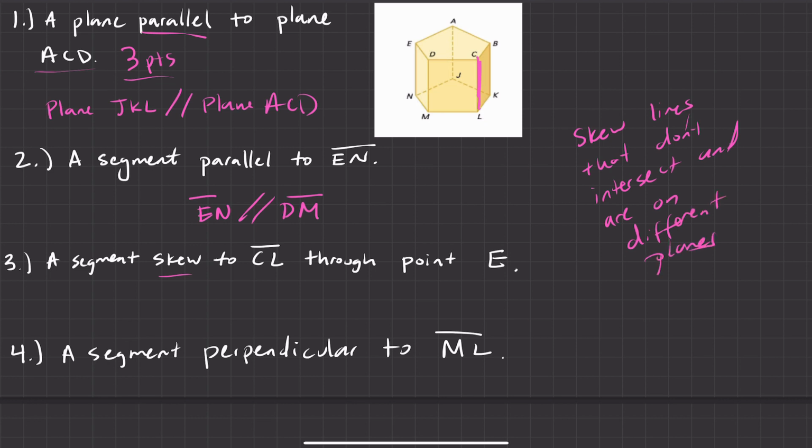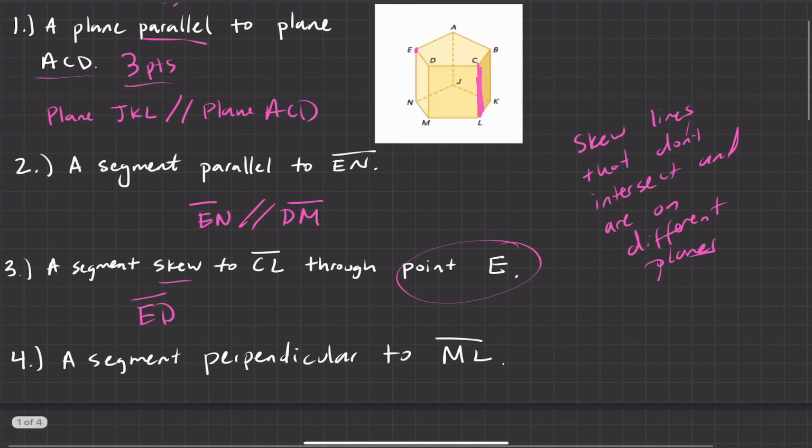But the problem here is that your answer needs to contain point E. So here is CL, and this is point E. I can say segment ED, right? ED is on this particular plane, and CL is on this plane, or this plane, okay? As long as that is not here and here, then you're golden, okay?